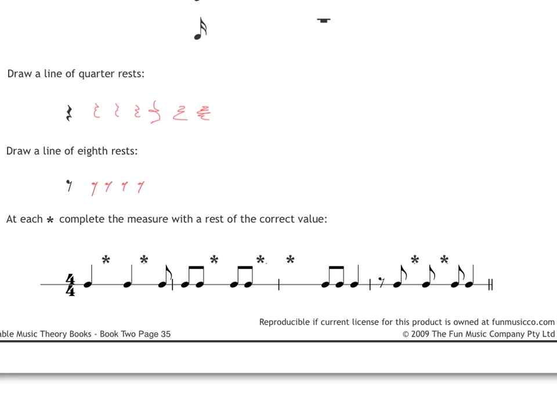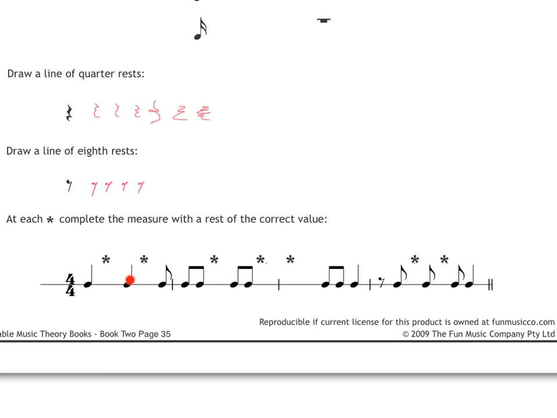Okay, so for example, the first bar, you have a quarter note, you have a quarter note, and you have an eighth note. They've given you 2.5 beats of music. In 4/4 time, you know that you need 1.5 more beats. So with 2 asterisks, 2 empty spots in this bar, what do you think would be the most appropriate thing to put here and the most appropriate thing to put here?